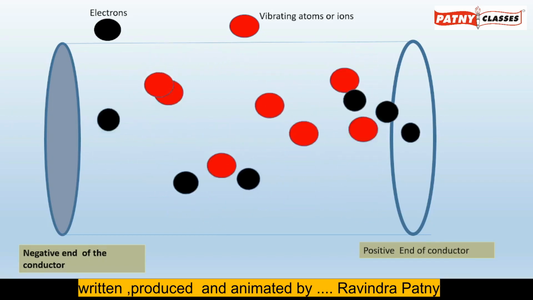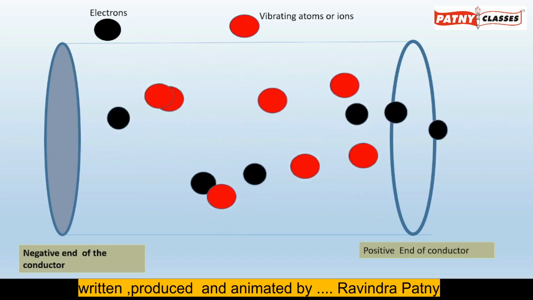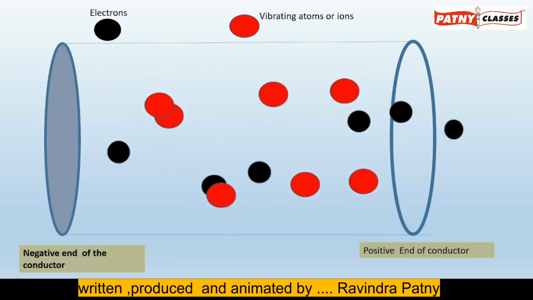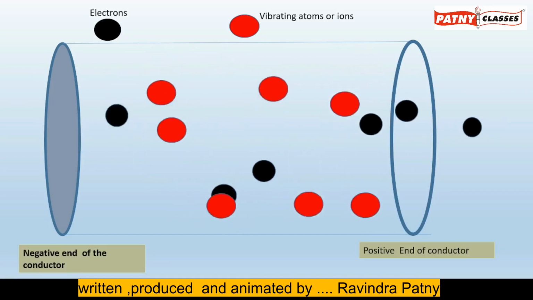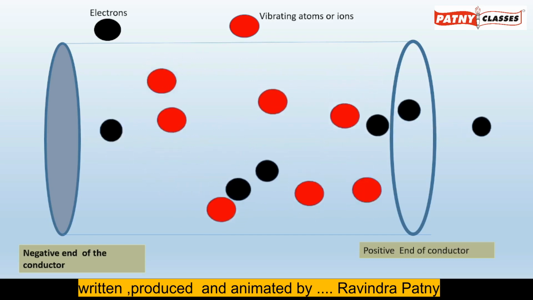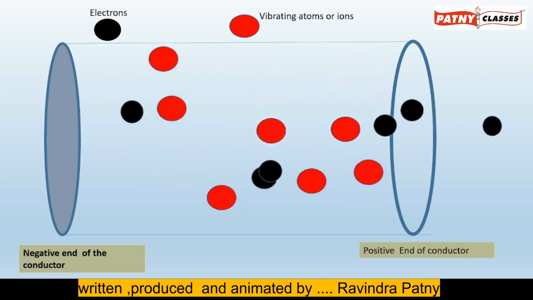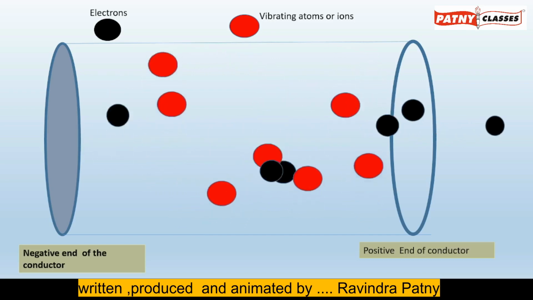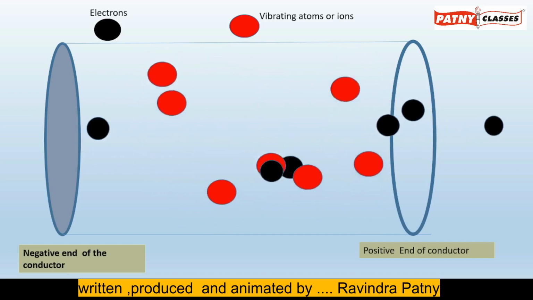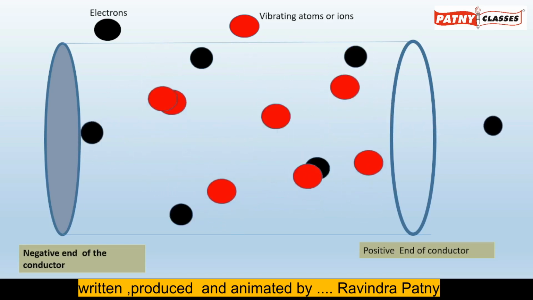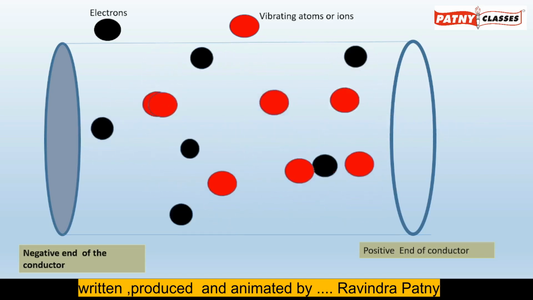When these electrons flow in the forward direction, towards the positive end of the conductor, they cannot flow easily because the vibrating atoms come in the path of the moving electrons, and the moving electrons suffer head-on collisions with the vibrating atoms.